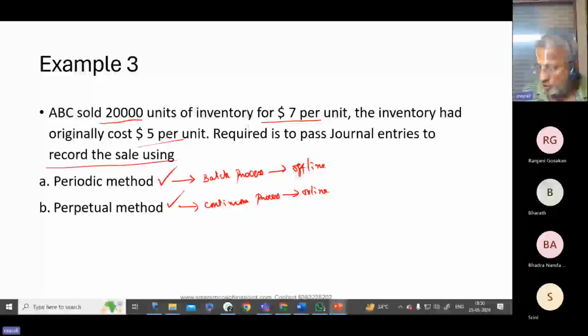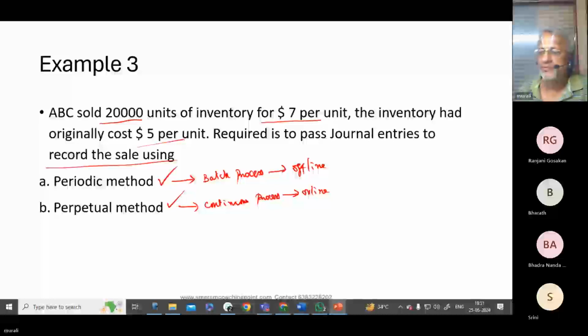So can you guess what could be the scheme of journal entry that we would be passing? It is not about purchases. It is all about a sale. What is the entry that we would be passing for the purpose of effecting the sale?